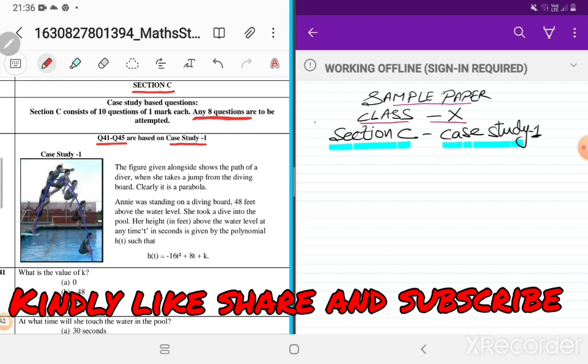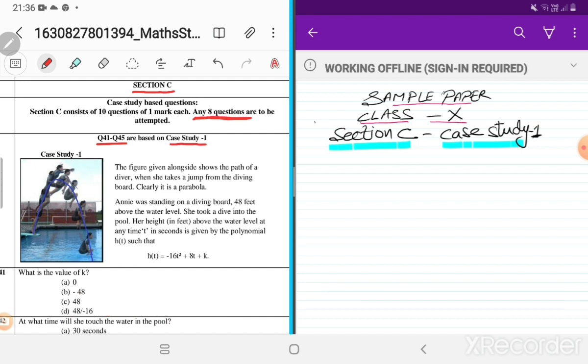So let's start. In this case, the figure given alongside shows the path of a diver. She takes a jump from the diving board. Here is one path, this curve, which is a parabola, and here is the diving board. Then she takes a jump from the diving board, and clearly this curve has a parabola shape.